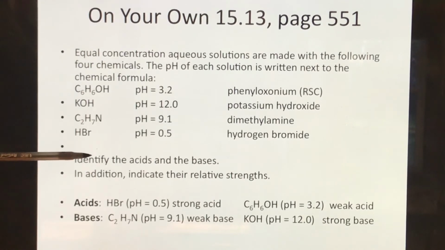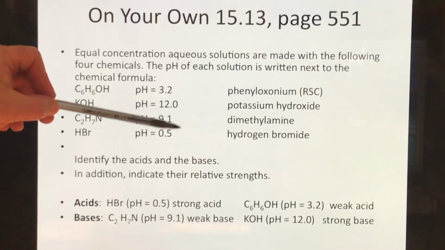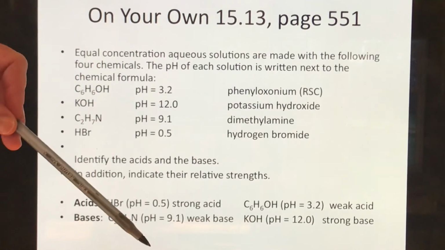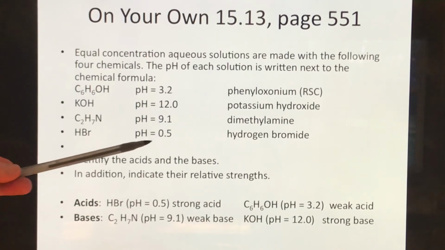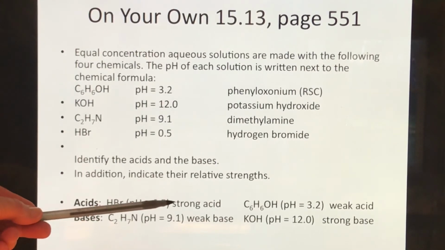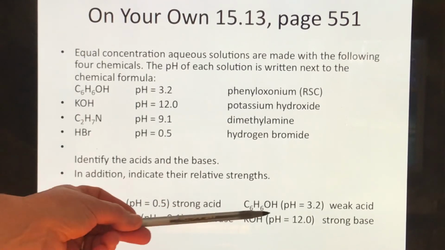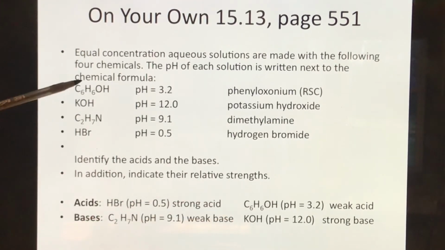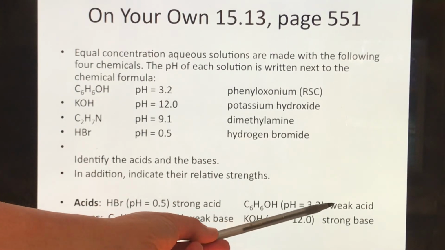So it says identify the acids and the bases. The first thing you look at here is what's greater than 7 and what's less than 7. Anything less than 7 is going to be an acid. So here we have the hydrogen bromide, that's less than 7. That's a strong acid because it's so low. And then the other acid here is the C6H6OH, that's a pH of 3.2.